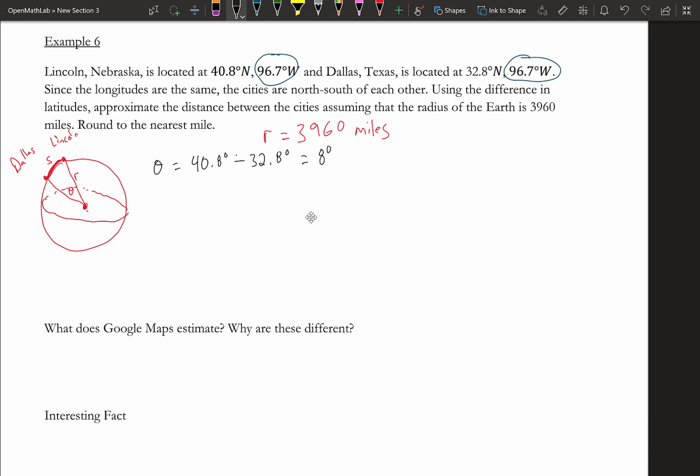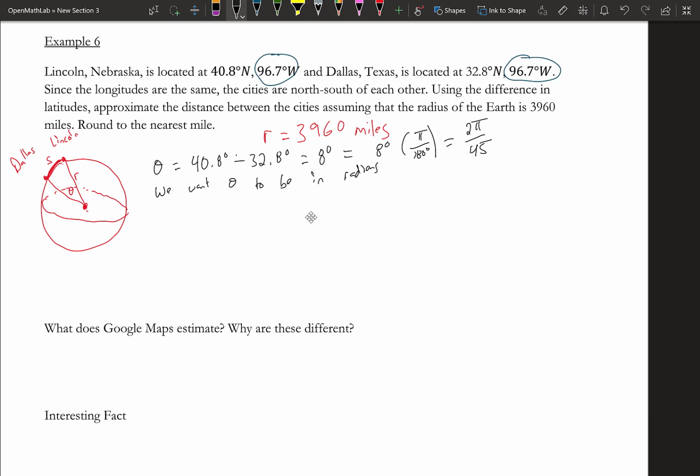But we want theta to be in radians. So this is equivalent to 8 degrees times pi over 180 degrees. The degrees cancel, and this simplifies to 2 pi over 45.